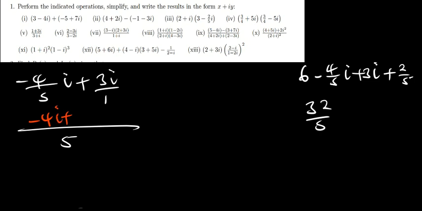Because of that i, we should have 1 into 5 is 5. 5 times 3i is going to give us 15i. So negative 4i plus 15i, that will be 11. So 11i over 5, that's what I'm going to have here.